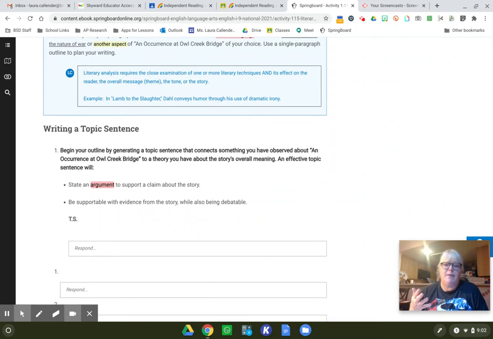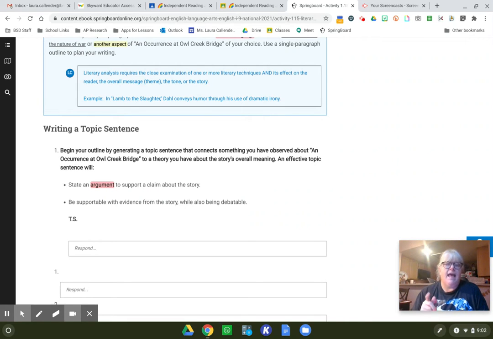My claim is basically that he communicates a statement about the nature of war by using shifts in language. I believe that the statement he's trying to make is that we romanticize war and that we shouldn't, that war is really tragic. So I would have to support that with evidence from the story while also being debatable.